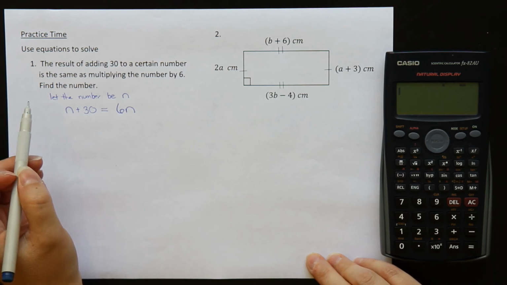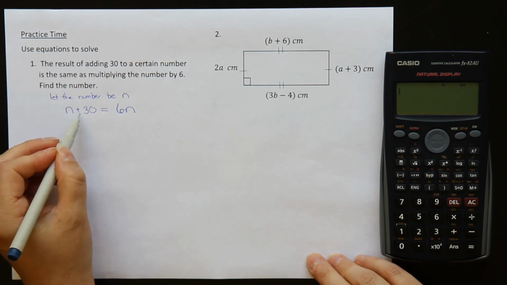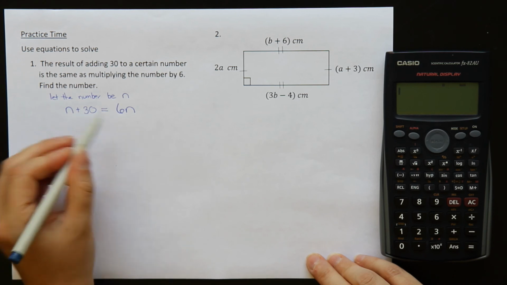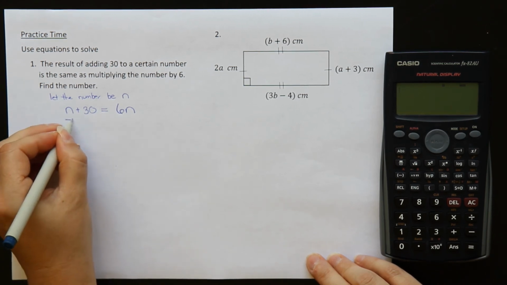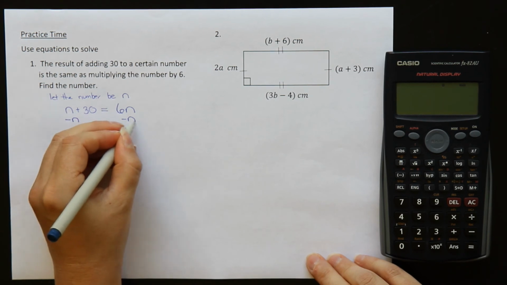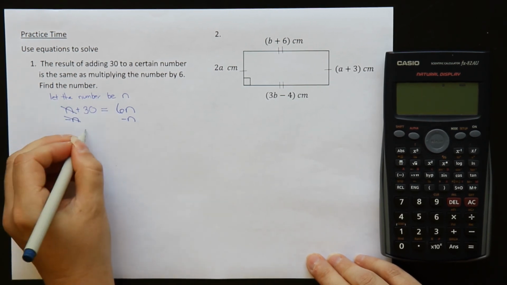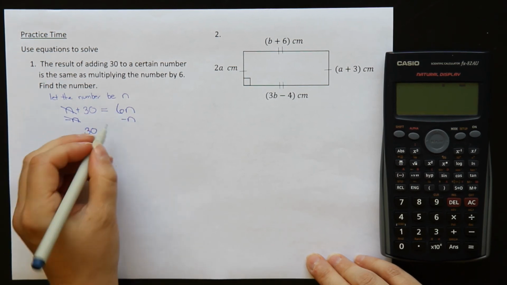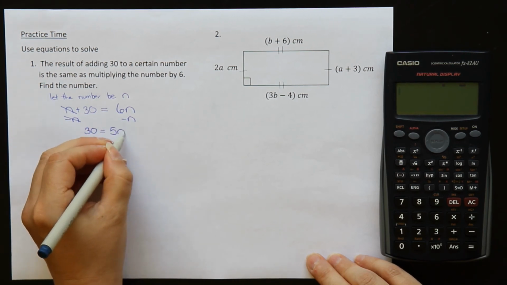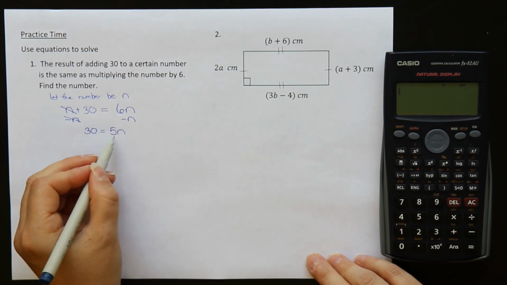Now I can find the number. Let's solve the equation. So I have pronumerals on both sides, n and 6n. n is smaller, so let's subtract the n. Get rid of that. 30 is equal to 6n minus n is 5n. Now I just need to get rid of this 5.